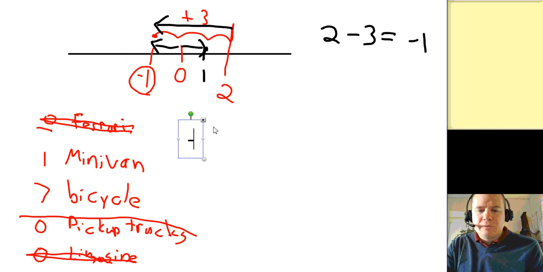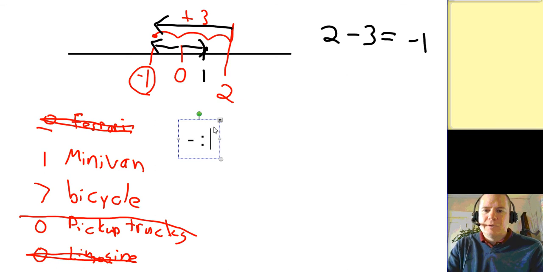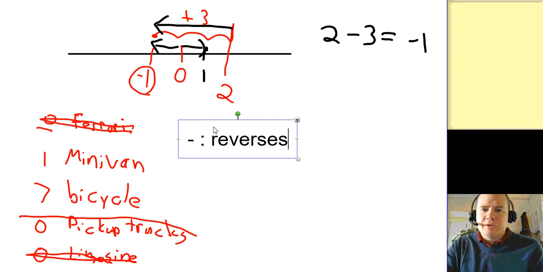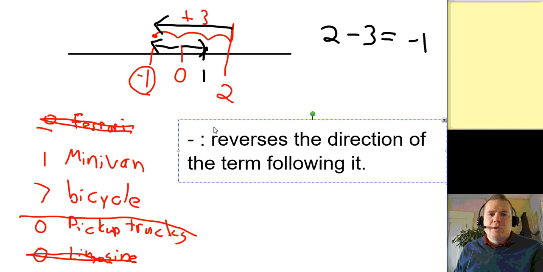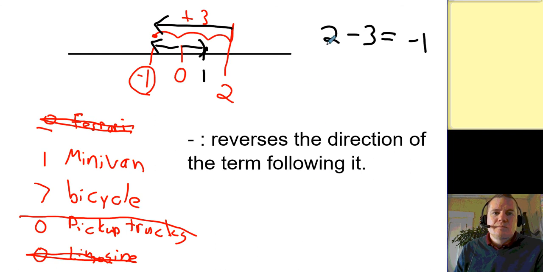That symbol reverses the direction of the term following it. So if I have a negative x, I take x wherever it is and go that same distance, but in the reverse direction.